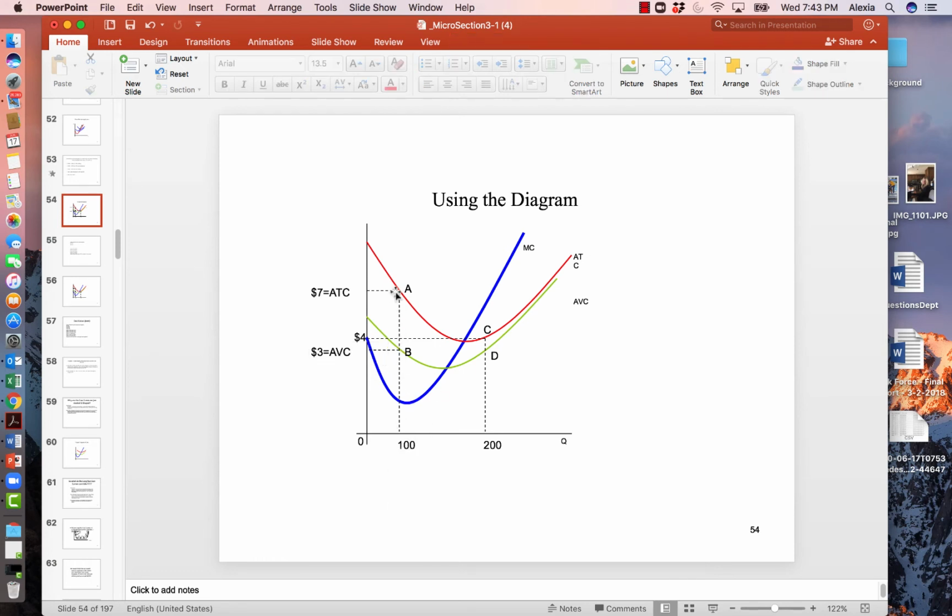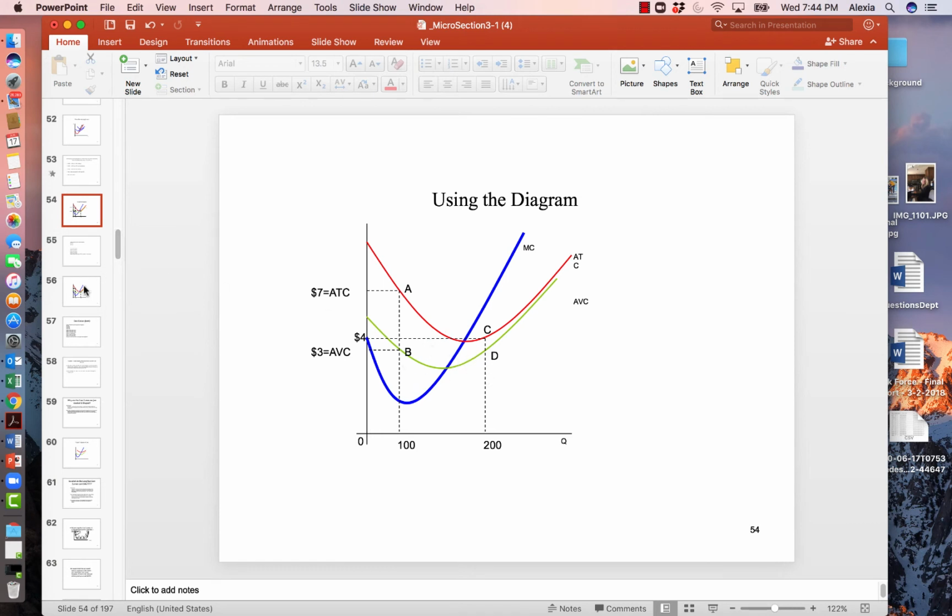So at Q of 100, our average total cost is 7, and our average variable cost is 3. What's our average fixed? Remember, the difference between average total and average variable is average fixed. So that would be $4.